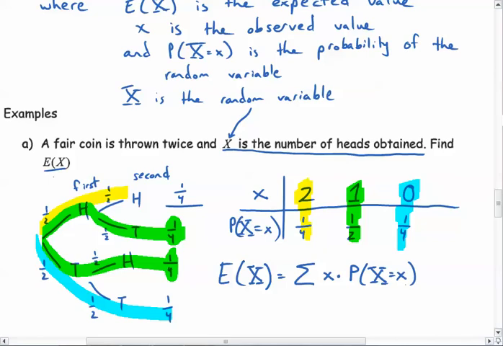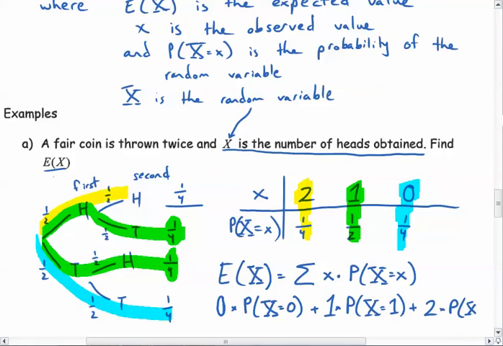So what that means is we're just going to take the number 0, times the probability that we get 0 heads, plus the number 1 times the probability that we get 1 head, plus the number 2 times the probability that we get 2 heads. And we're just going to keep doing this until we finish with the whole table.